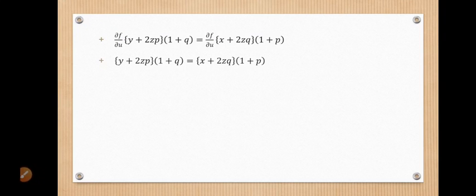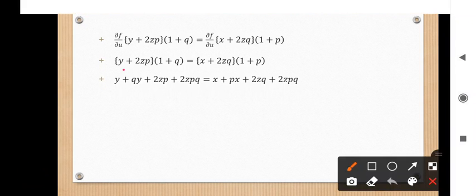So in this way we have eliminated the arbitrary function f from the given function. But we have to rearrange the terms so as to get the PDE in proper form.